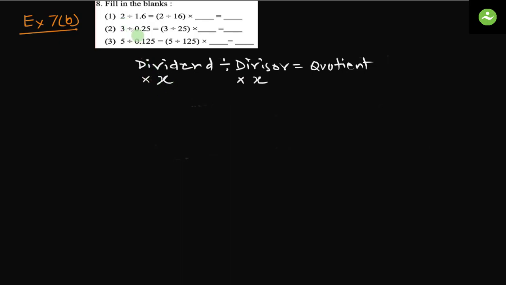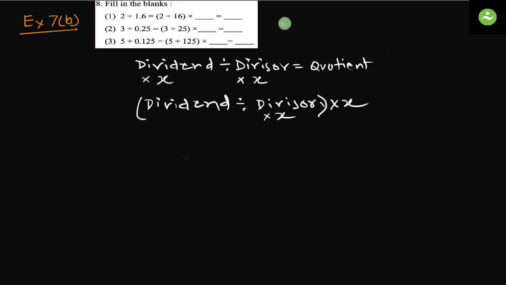Now we can also say dividend divided by divisor multiplied by x. If we multiply the divisor by x, then we have to multiply the dividend by x, and multiplying the dividend by x and multiplying the whole quantity by x is actually the same.